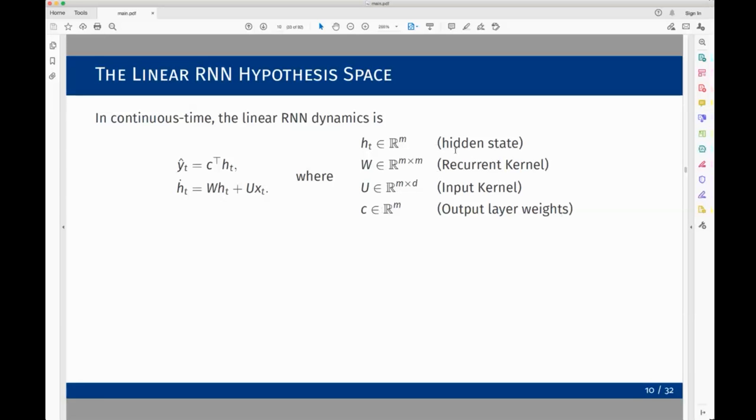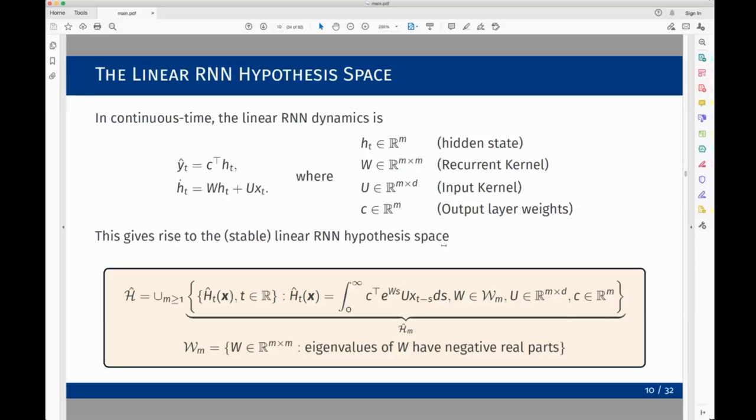If we have a larger m, you can imagine we have a larger hypothesis space that can better approximate the underlying target functional, and of course we will have larger computational cost.